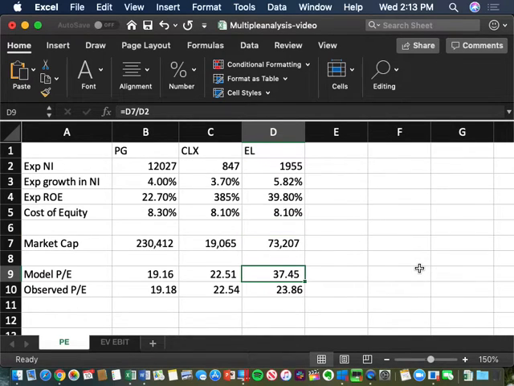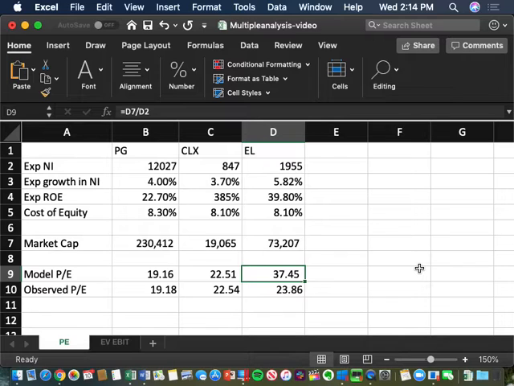Their share price would be 50% higher. So I want to state that because there's two things at work when we do multiples. One is the key value drivers, but the other is the fact that we're discounting all these cash flows. So if you have two companies with identical spreads, but one has a lower WACC or cost of capital, the lower WACC or cost of capital is actually going to give them a higher multiple, even if they have the same spreads. And that's kind of what's happening here.